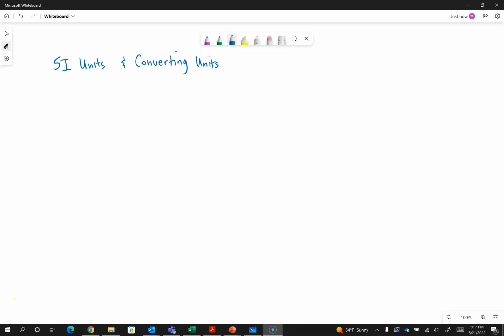So, as I mentioned in our video about concepts of motion, in our course we are going to use SI units, meaning the International System of Units. So, distances will be in meters, time will be in seconds, and mass will be in kilograms.